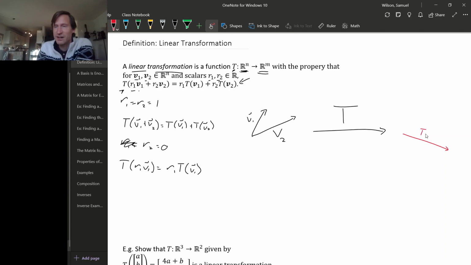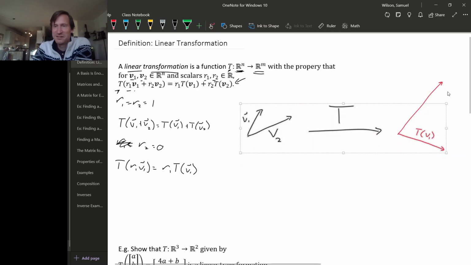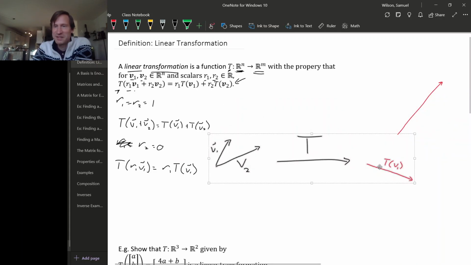So this is T of v1. And T also does something to the vector v2. So maybe it stretches v2 out way like this. This picture is not going to fit on my sketch pad here. Let me drag this over this way a bit.